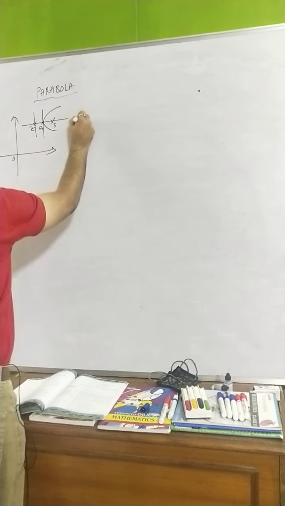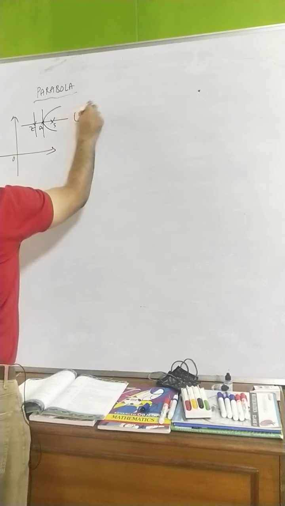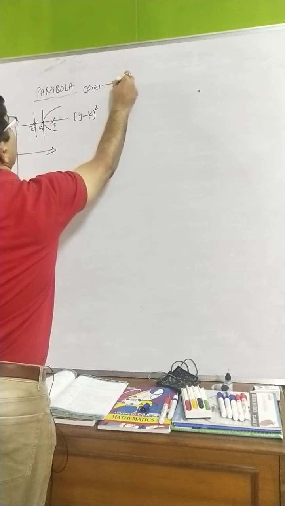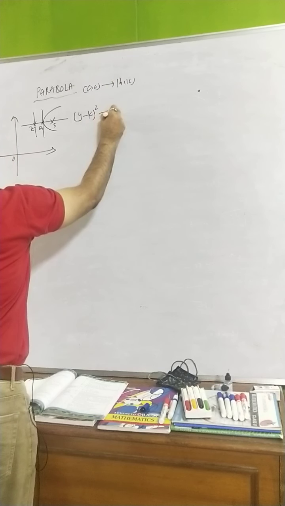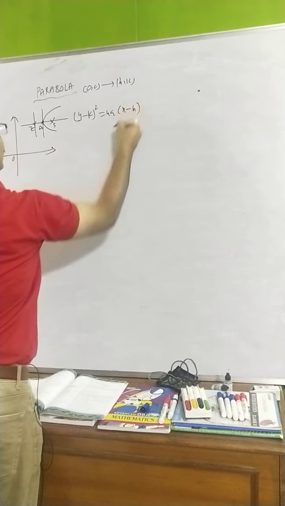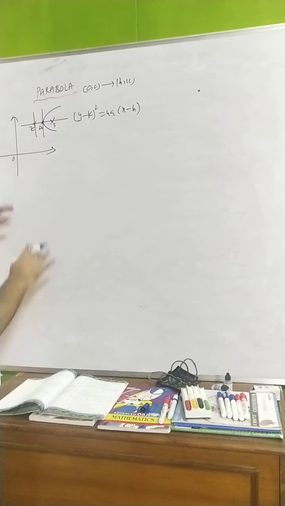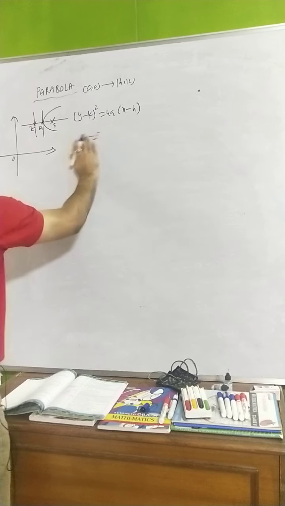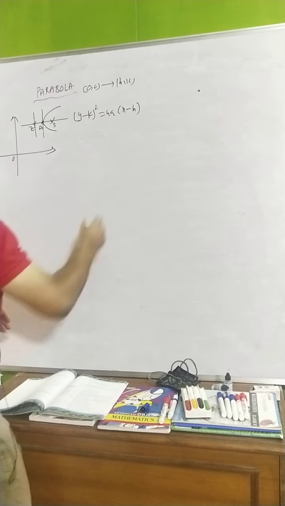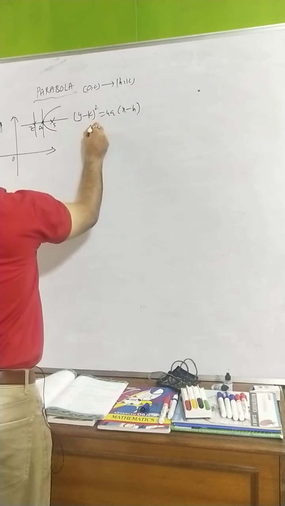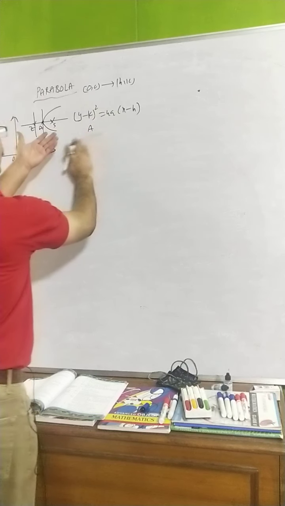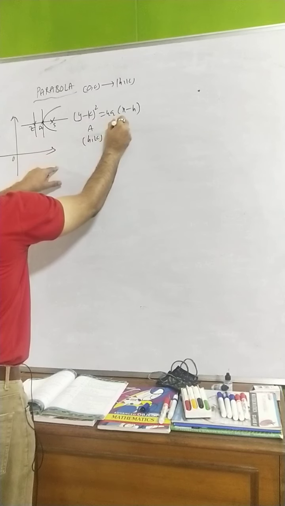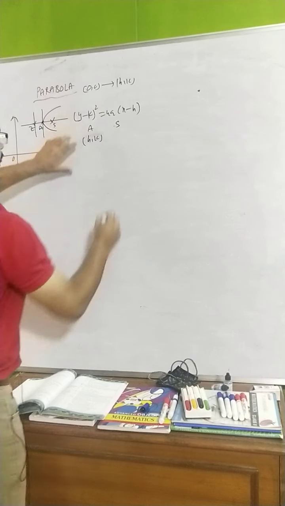Then the equation becomes (y minus k) whole square equals 4a into (x minus h). What is A now? Not (0, 0) but (h, k), since I transformed A.